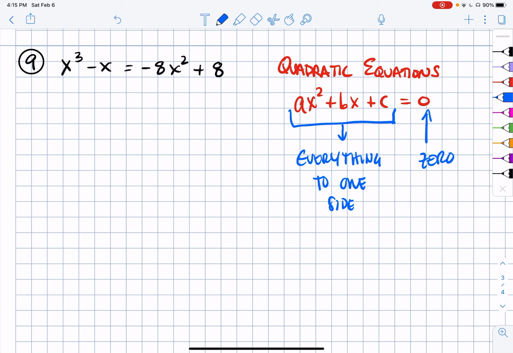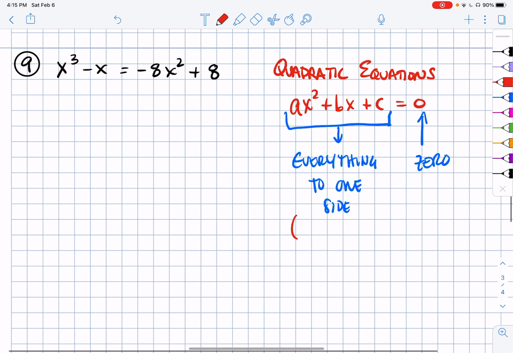That is the whole goal of the quadratic equation: get everything to one side so that the other side is 0. I know it's going to be shocking to you guys, but I call this the non-zero side. I know it's tricky, because I have the 0 side and the non-zero side.